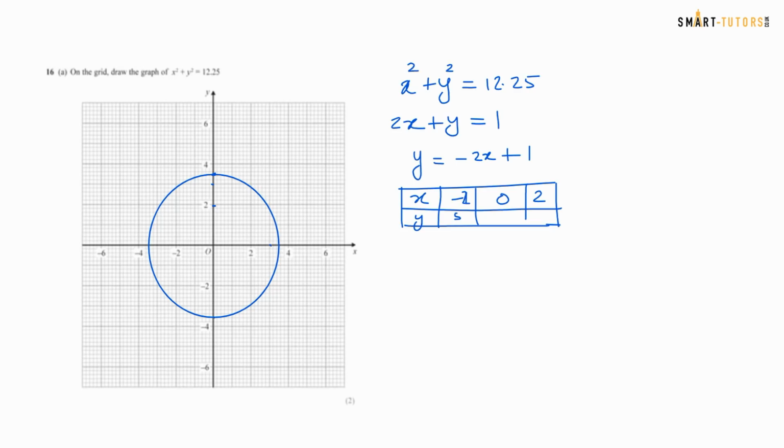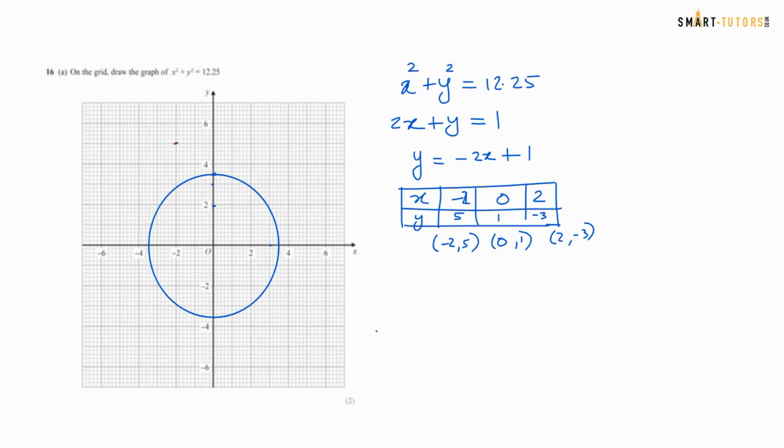Let's take minus 2, 0, 2. If I substitute, minus 2 times minus 2 is 4, 4 plus 1 is 5. For 0, 0 plus 1 is 1. For 2, minus 4 plus 1 is minus 3. So the coordinates are (minus 2, 5), (0, 1) and (2, minus 3).